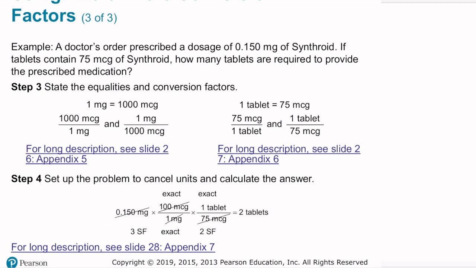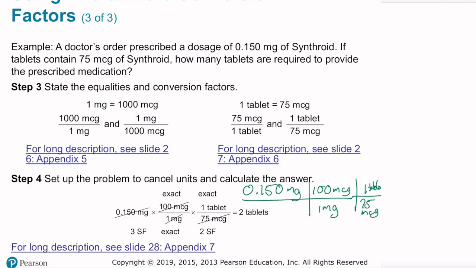We're starting with 0.150 milligrams of Synthroid. We know from our metric conversions that there are 100 micrograms per milligram, and we know that 75 micrograms is in one tablet.